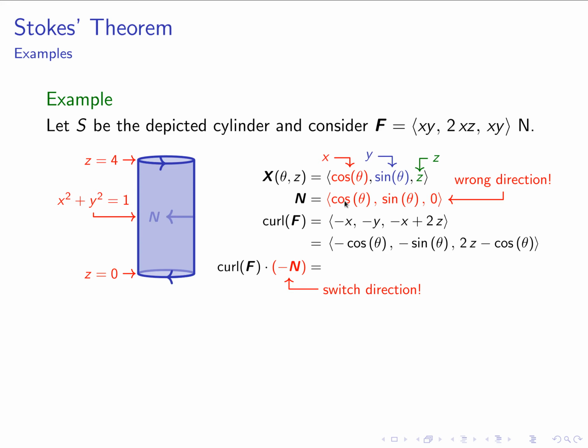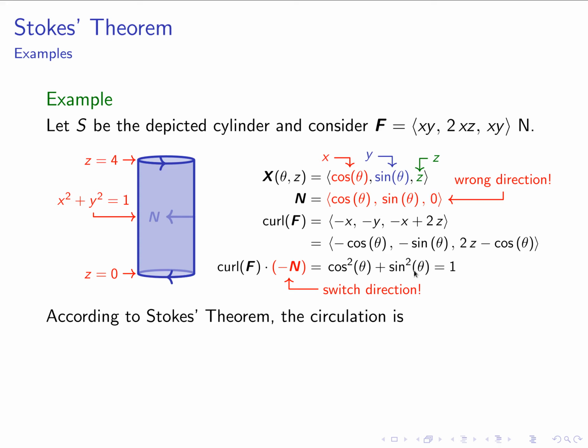So here we're going to dot negative cosine theta, negative sine theta, 0, with the curl, which is negative cosine theta, negative sine theta, 2z minus cosine theta. And when we take that dot product, we get cosine squared plus sine squared, which is equal to 1.